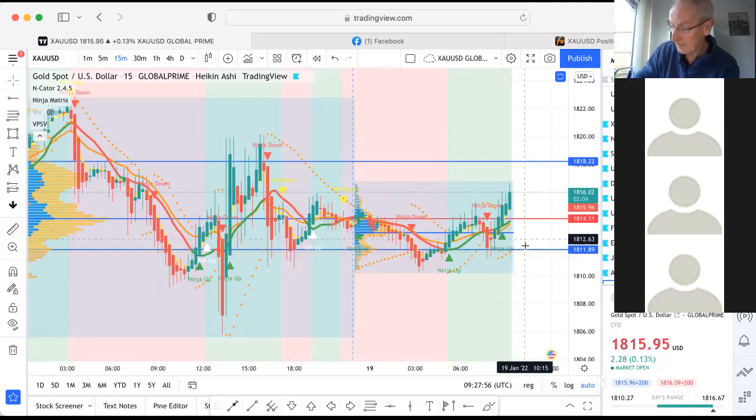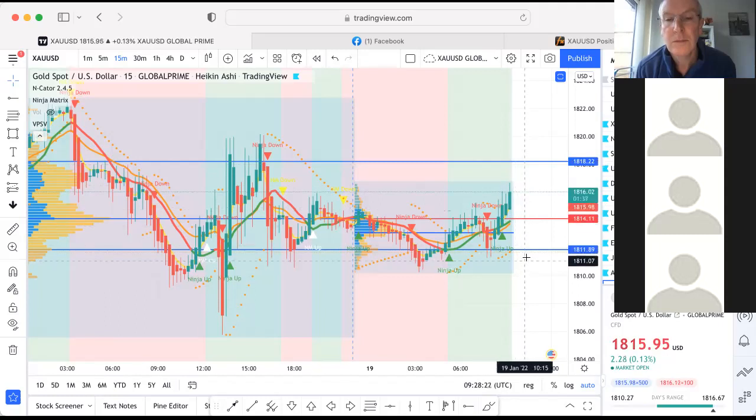If I was to take a buy now, I would set my target at that 18.18, or maybe just slightly below, because sometimes it will stop slightly short of the line.